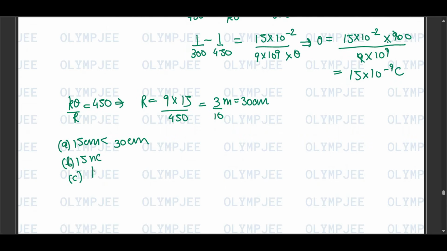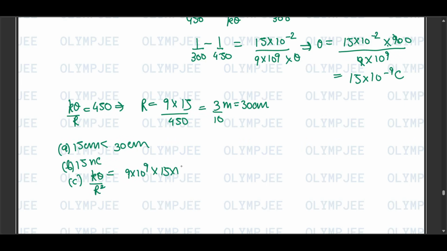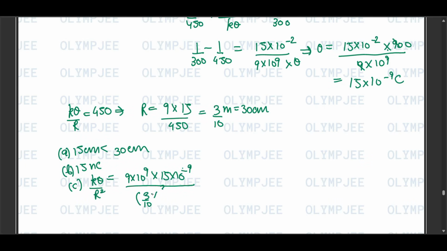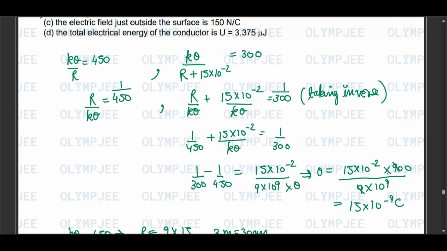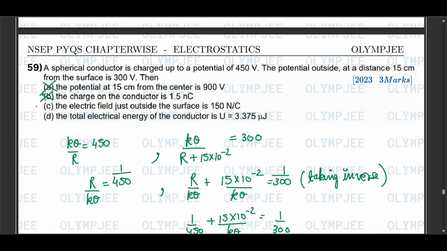So kq by r square comes out equal to 1500. So no, this is wrong because there is a 0 missing.